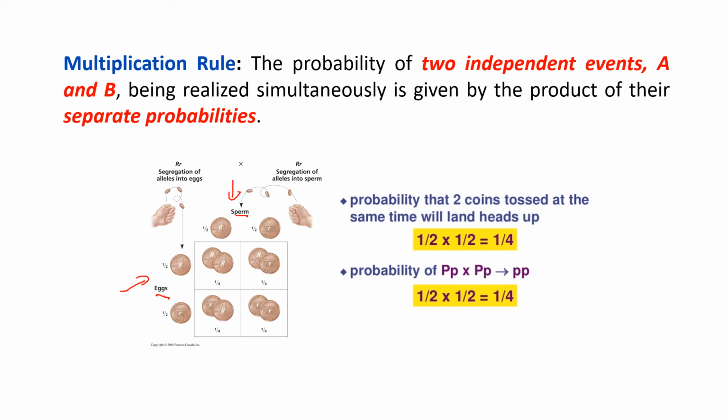So for example, if I ask you the probability of 2 coins to be tossed at the same time and that they will land with a head up, you have 50-50 chances, or you do it twice as we did before, and you get 0.25.